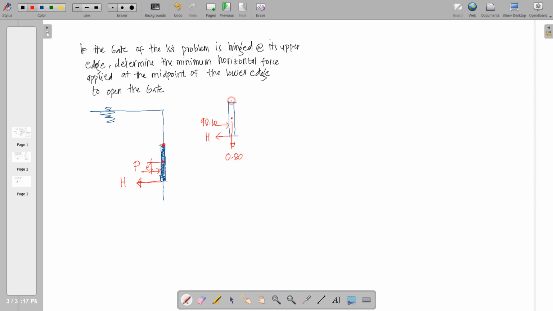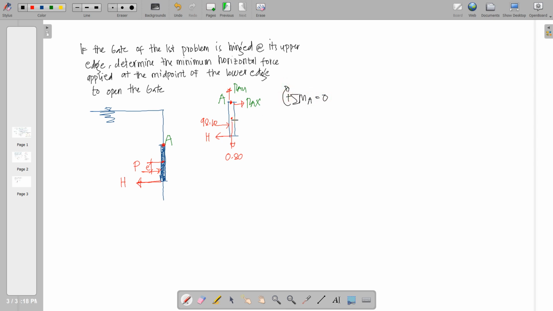And for a hinge support, there should be vertical and horizontal reactions acting on the hinge support. If I name this point A, there will be RAY and RAX. Nevertheless, if this is A, we can simply take moments at A equal to 0.